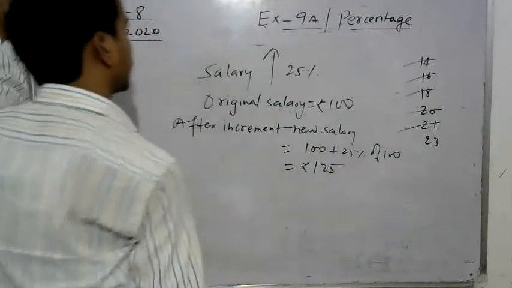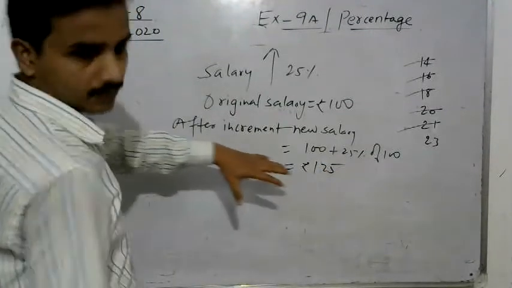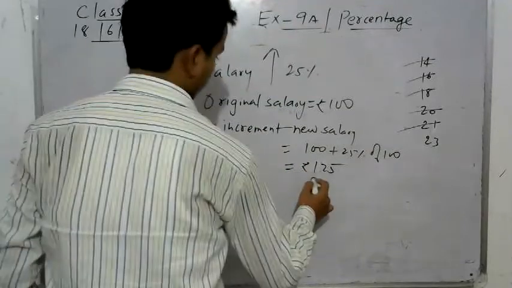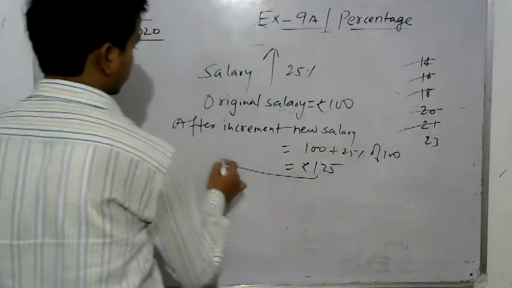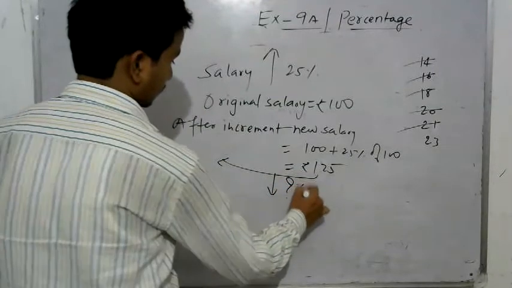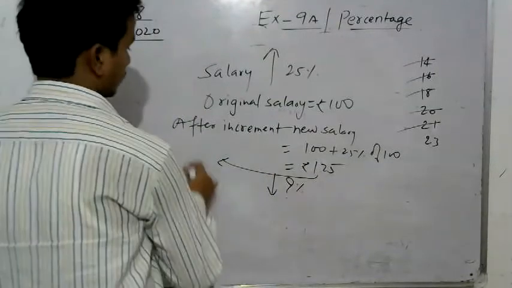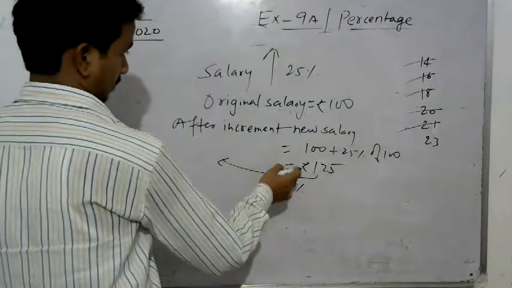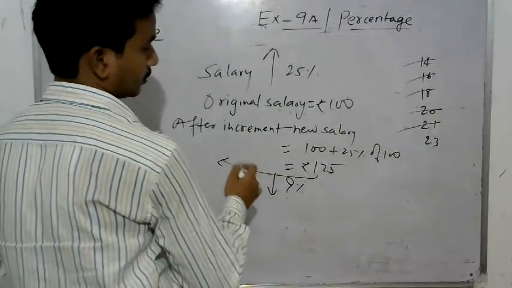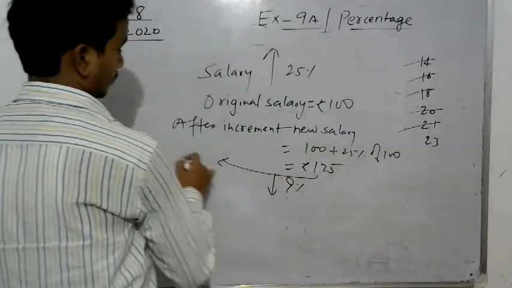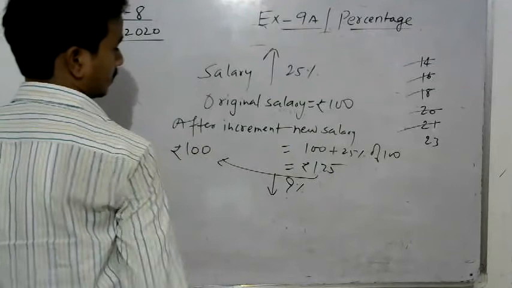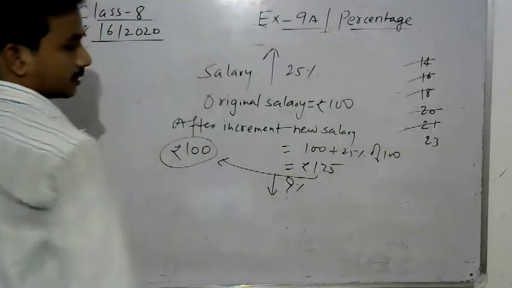125. Now the question is saying by what percent this new salary should be decreased so that it restores the original salary. So your final salary will become rupees 100, the original salary.